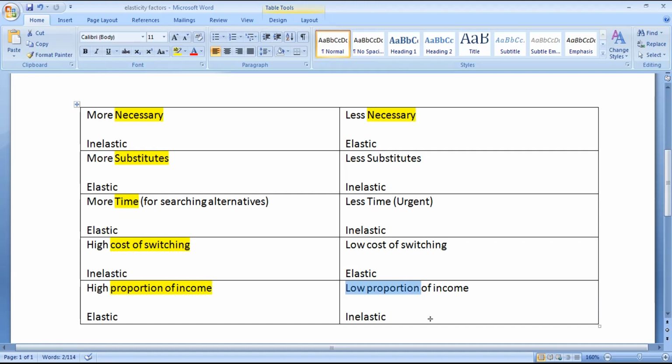So that is why it will be inelastic, because even if they increase the price of the chopstick from 2 ringgit to 4 ringgit, it will really not matter to you. You won't stop buying it, right? Because you really don't care. It's eating up only a small part of your income. That means you won't be very sensitive to the change in price. Okay.